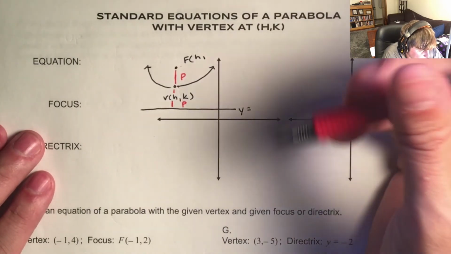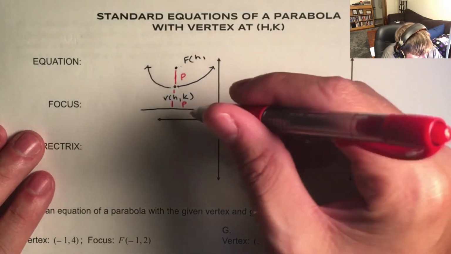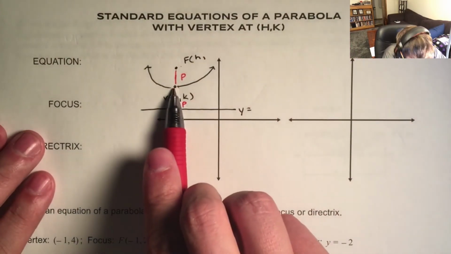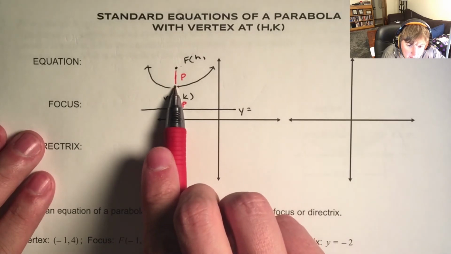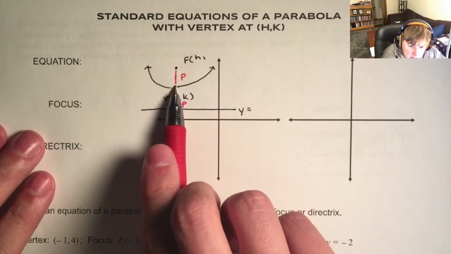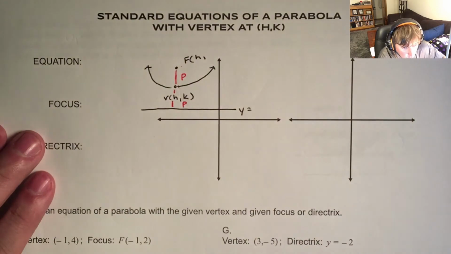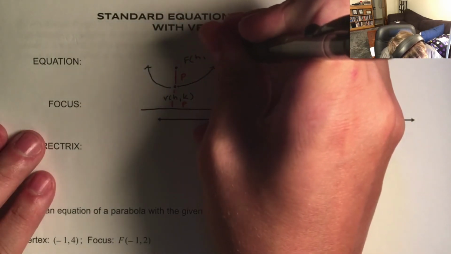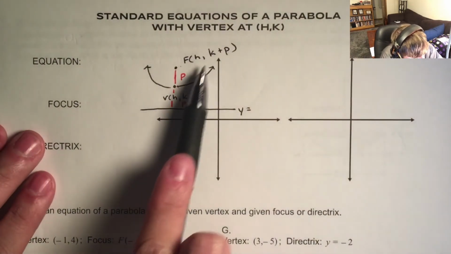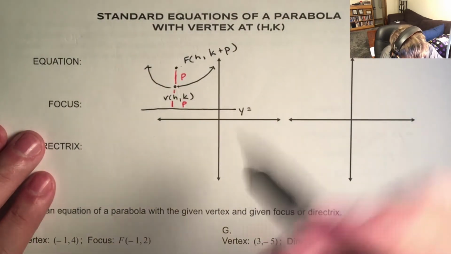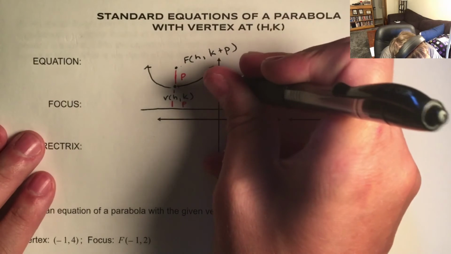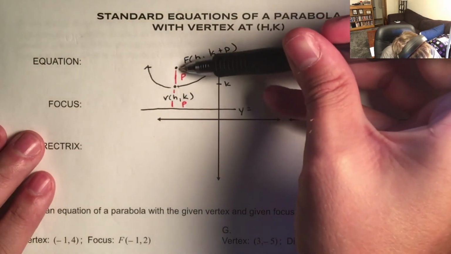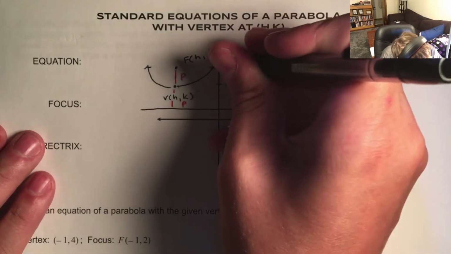If this point here has a y value of k, and this length is p, this is going to have the y value of k plus p.